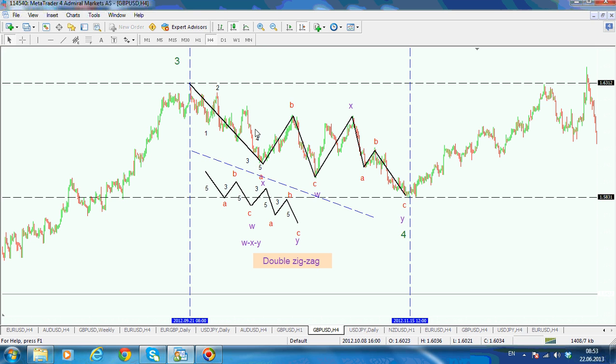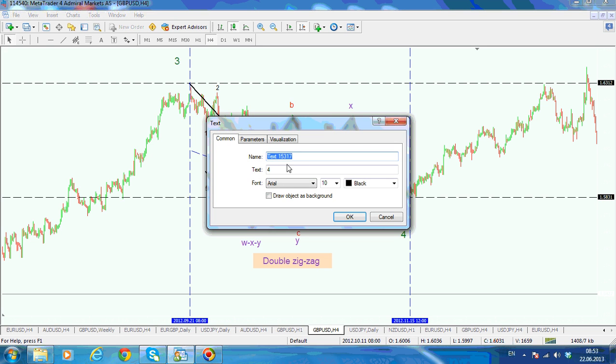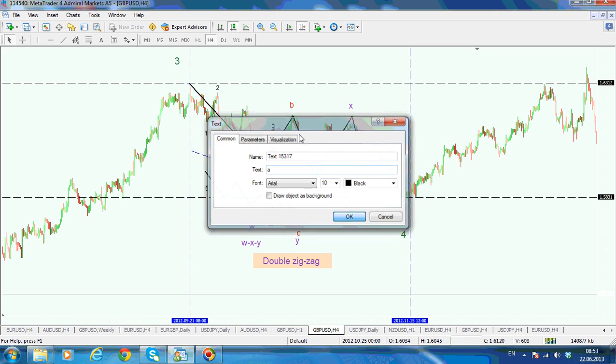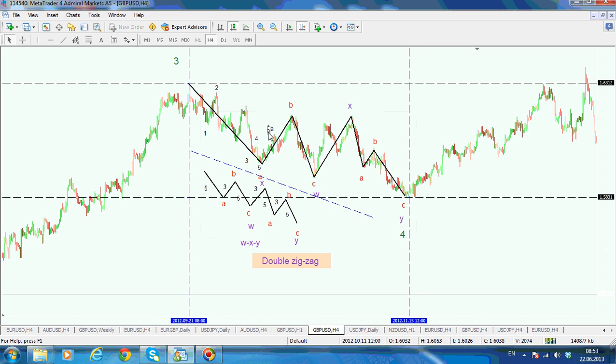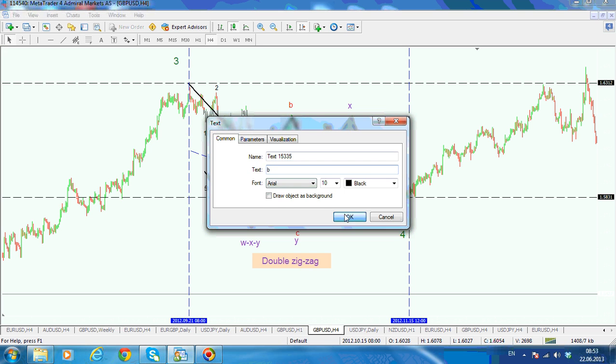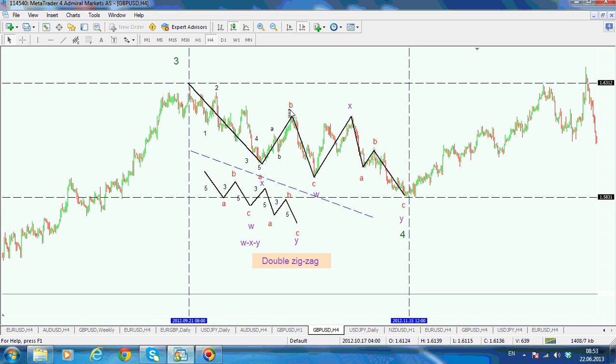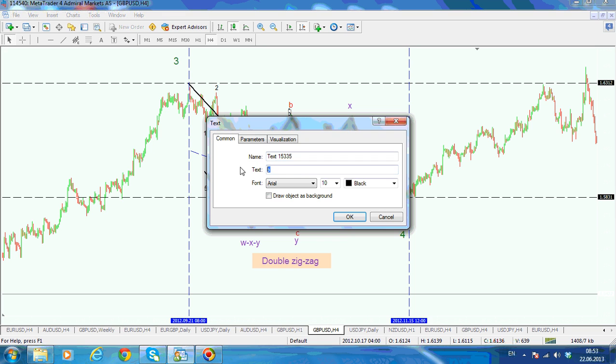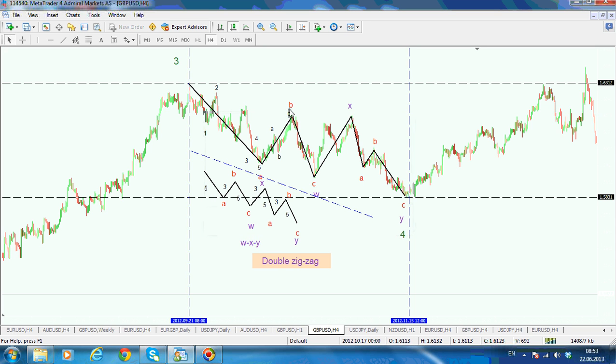Then correcting by a nice ABC for the B wave. Corrected by a nice ABC. And then you have the second zigzag in the form of an impulsive move. 1, 2, 3, 4, 5.